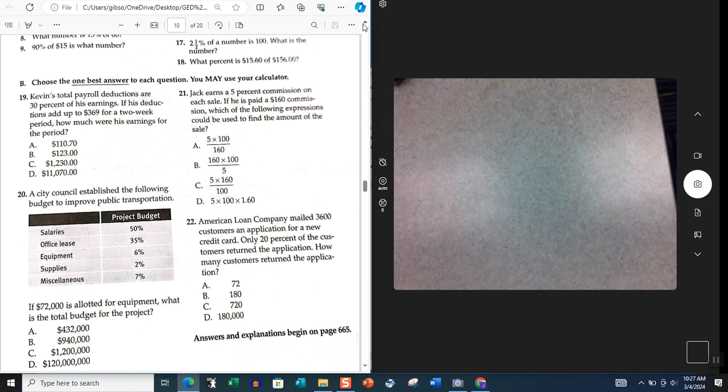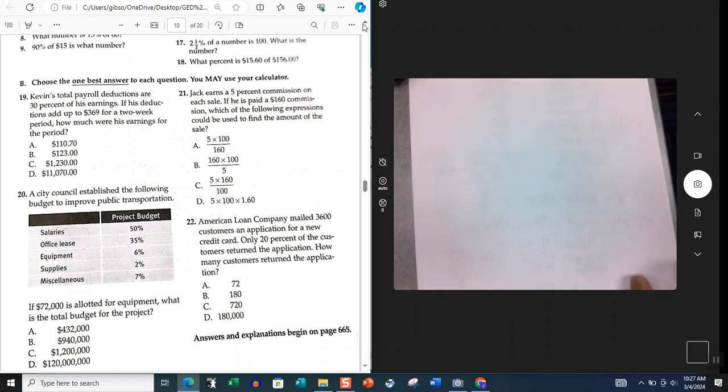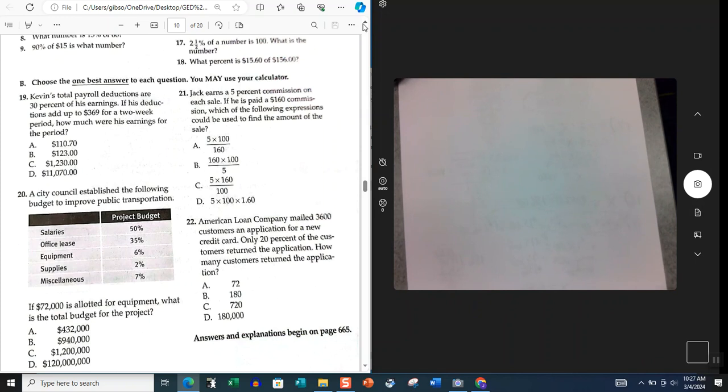All right, with problem number 20, it states, a city council established the following budget to improve public transportation. Now we see the table here. It says if $72,000 is allotted for equipment, what is the total budget for the project? So we look at equipment as 6%.